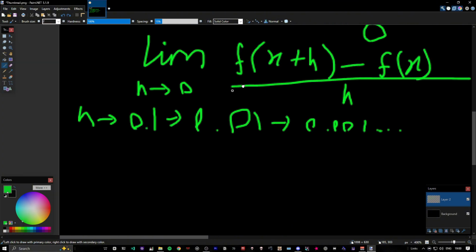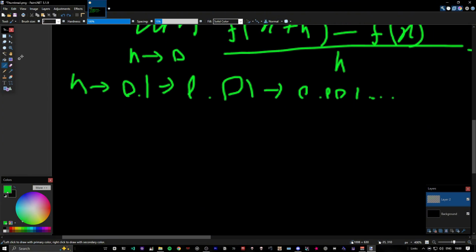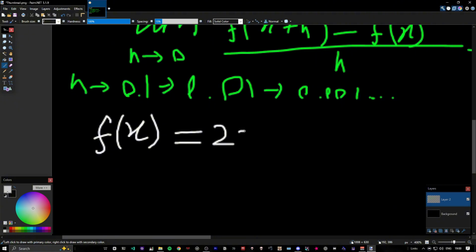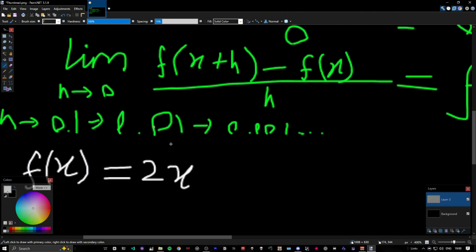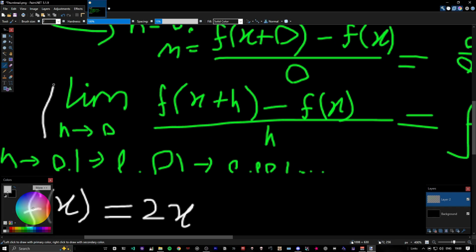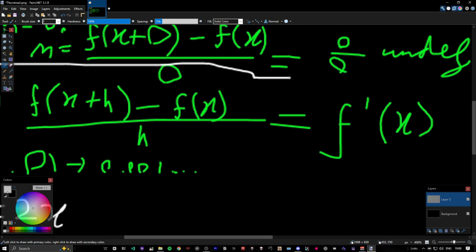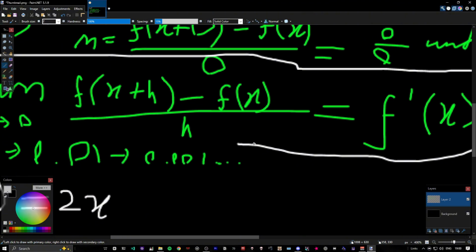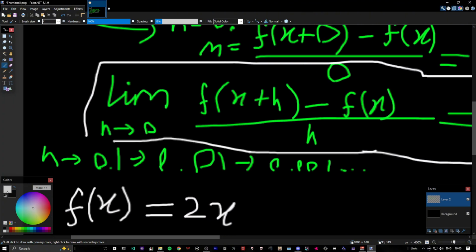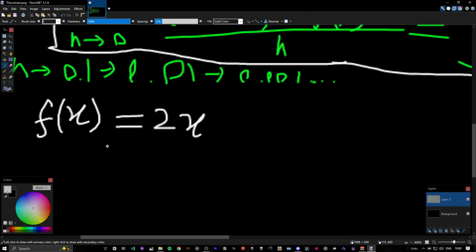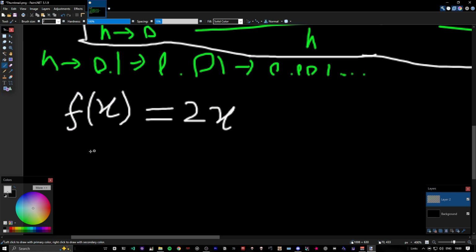Now, we can obviously use this. Let's say we have a function f of x equals 2x. Now, if we use this formula, the one we just derived, we can say f of x equals 2x.